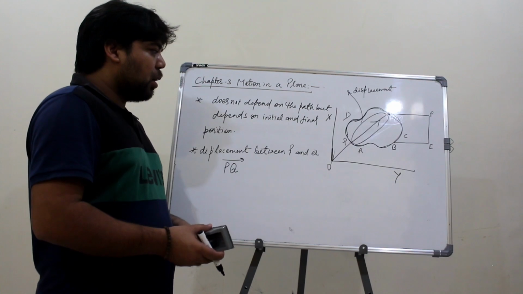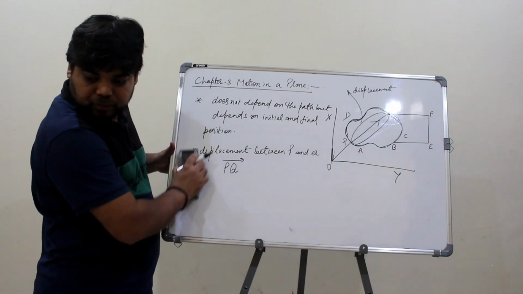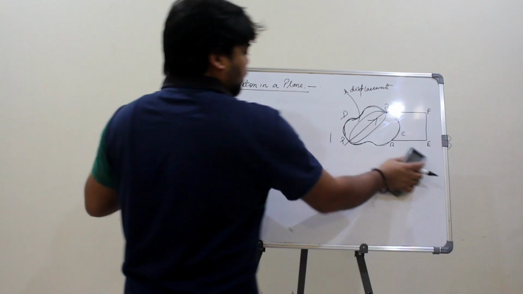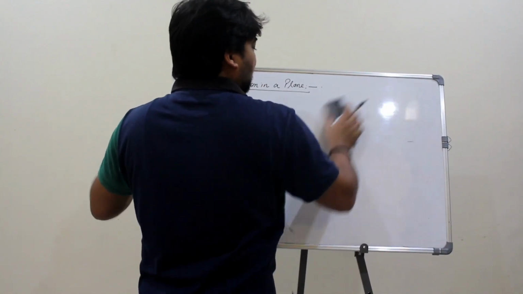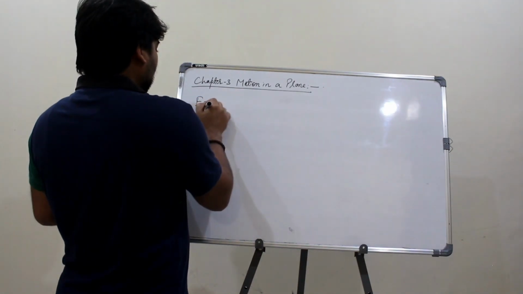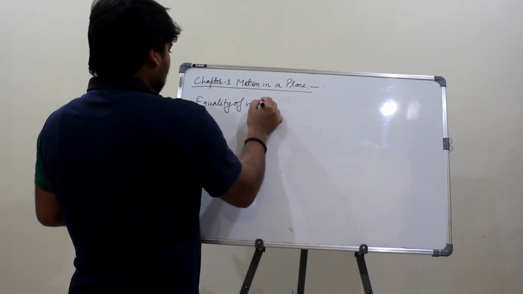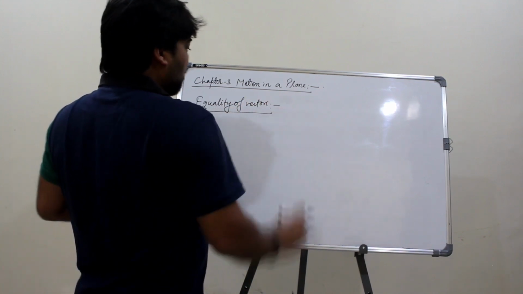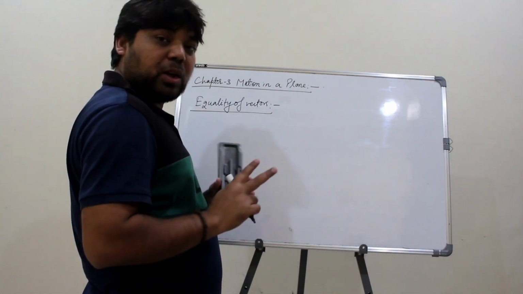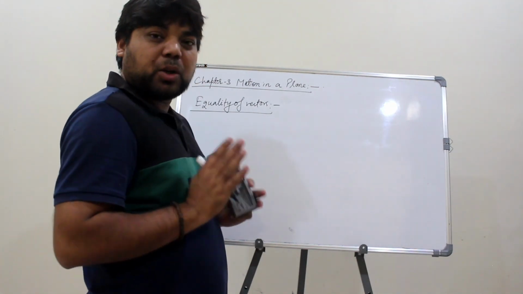Right? Now we will go to some of the properties of vectors, like equality of vectors. What is the equality of vectors? Now remember that two vectors are equal only when they are equal in both magnitude and direction.